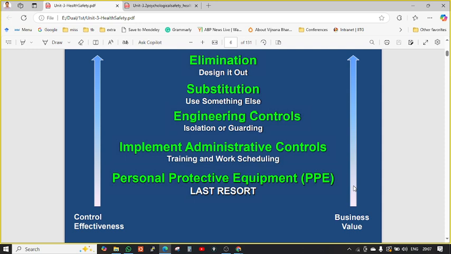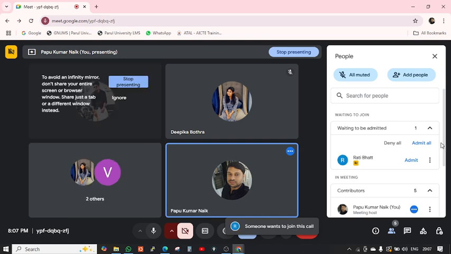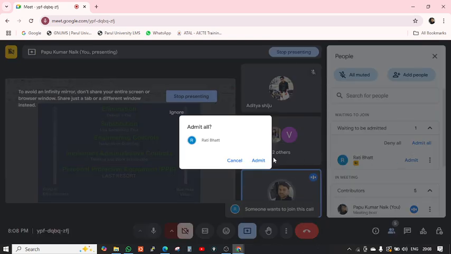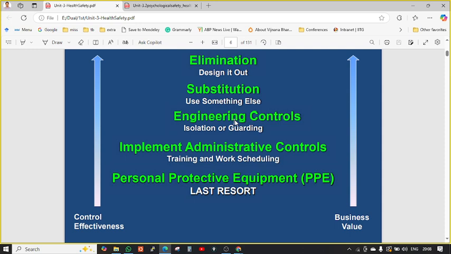Then third is engineering control. Even if you do not get any substitutes, use different tools and techniques, that is called engineering control. And if that is also not available, then we implement administrative controls.